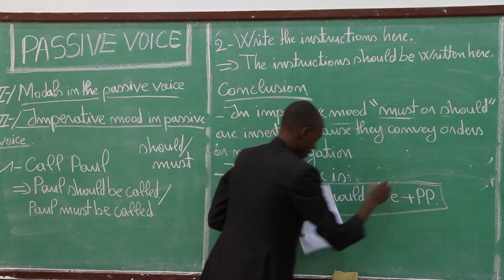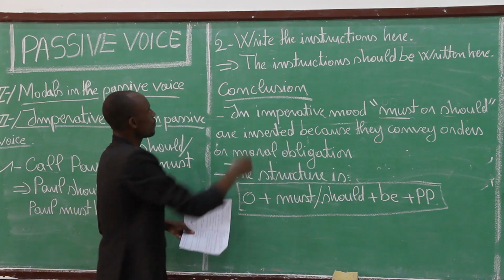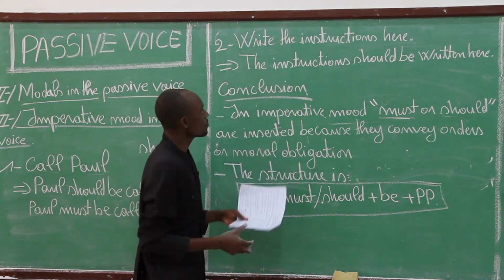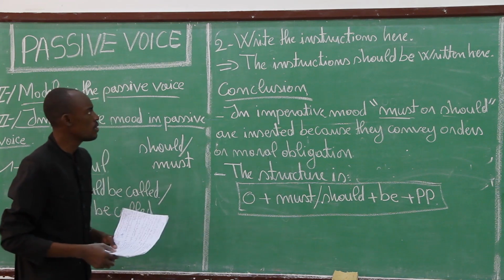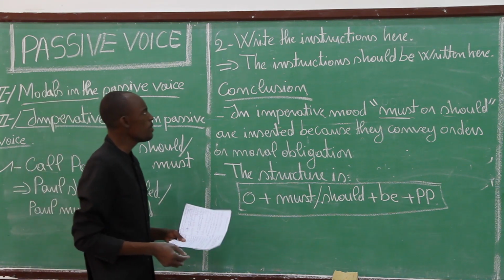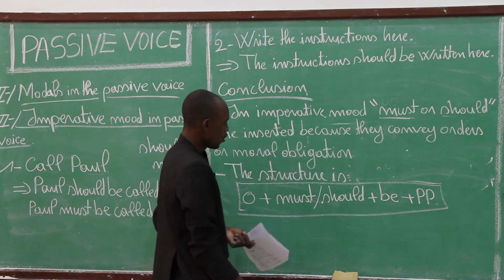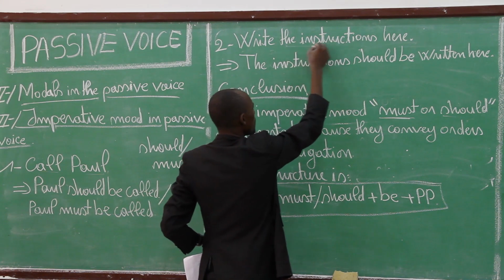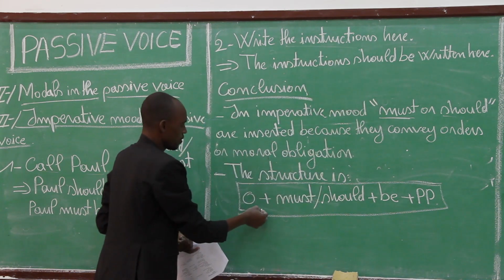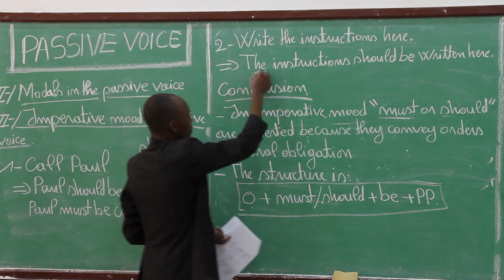Now let's come back here. We have "Write the instruction here." The sentence expresses the order or moral obligation. And in passive voice, the instruction is the object. As our structure says, the object comes first.